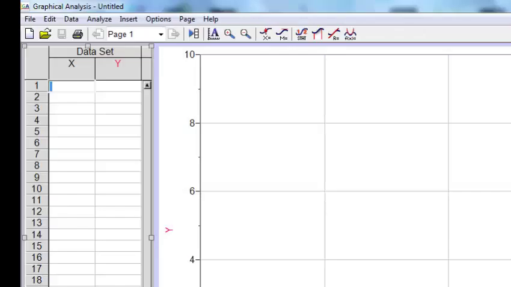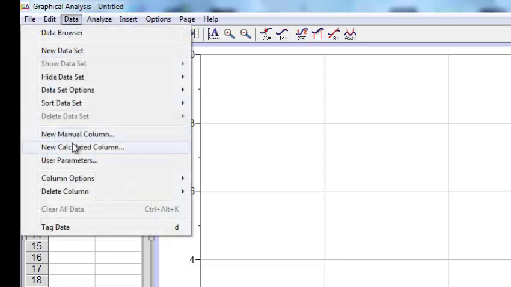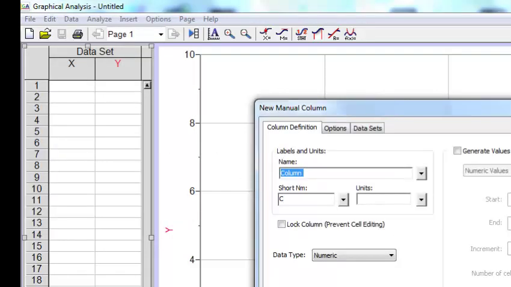In Graphical Analysis, we're going to create 3 columns: time, Y height, and velocity. At first, since you only have 2 columns, the first thing you want to do is make a new manual column. Do not make a new data set, which a lot of people did last time, because that makes difficulties.